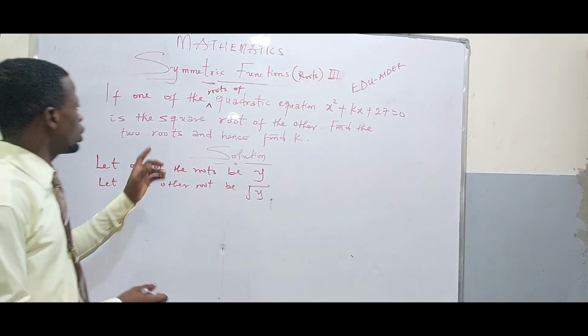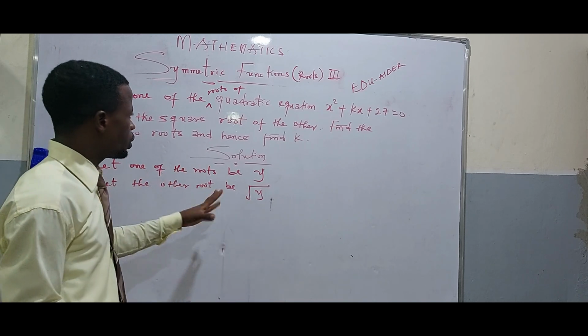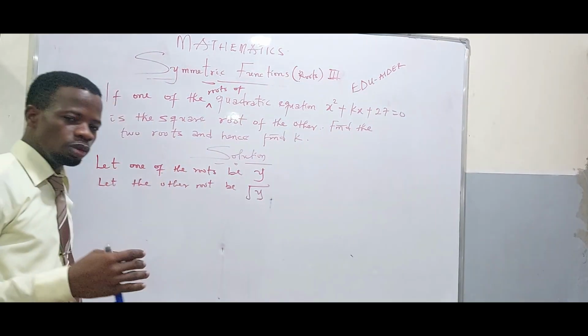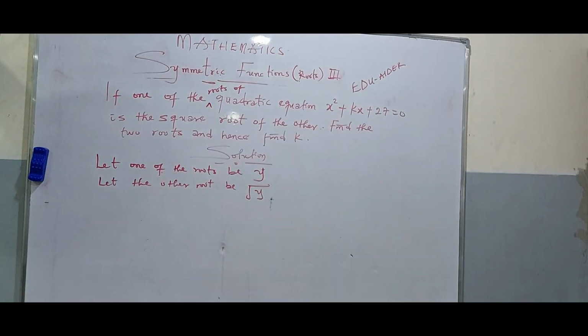They say one of the roots is the square root of the other one. So the second one is the square root of the first. Fine. Let's continue with the instruction.